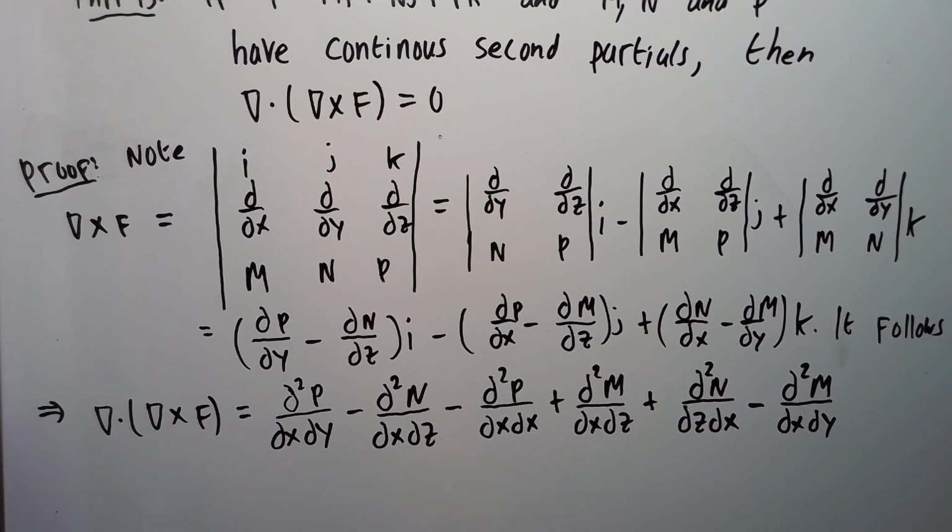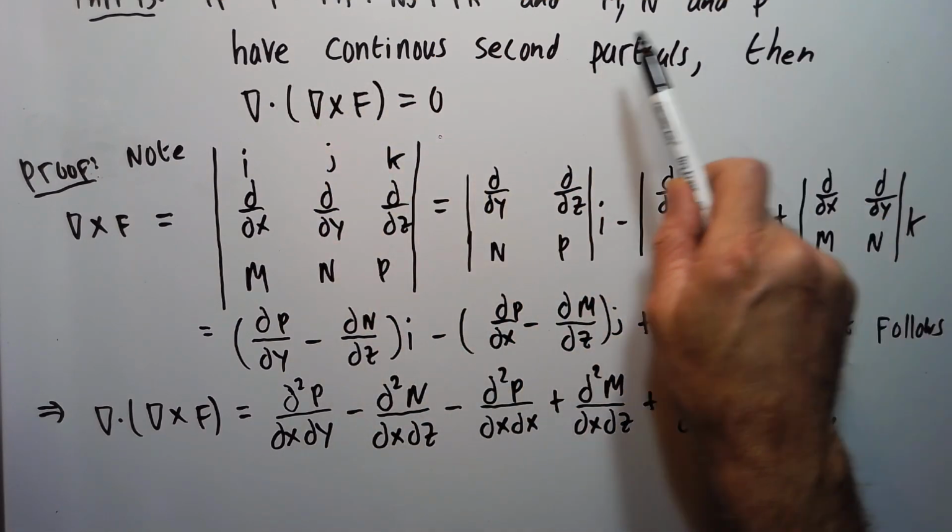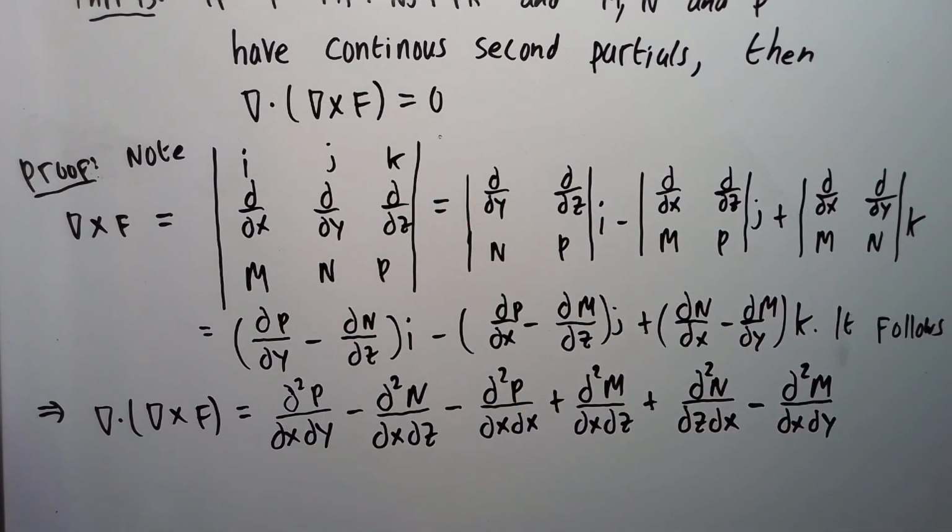Let's see. Well, let's take a look here. We're assuming now that M, N, and P have continuous second partials. We're going to use that to our advantage here. Hold on, I just realized I made a few mistakes here. Actually, I need to be careful. So the y operator is acting here, so this should be y here. And it should be y.